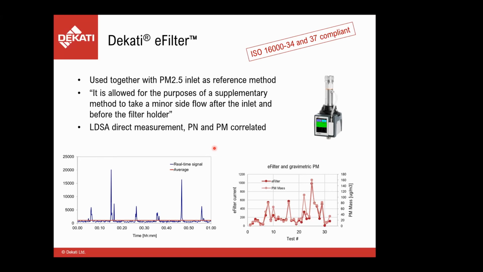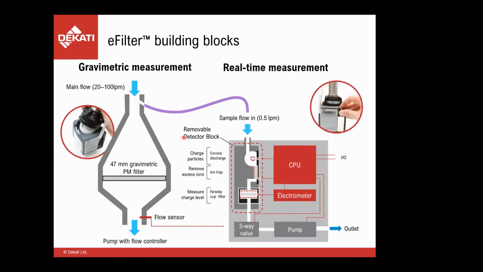And as said, you are allowed to take a minor side flow after the inlet and before the filter holder, as we do in the E-filter. So we have LDSA, or the lung deposited surface area, direct measurements, and we can correlate the data to particle number and particle mass. So the instrument is fairly simple and straightforward.